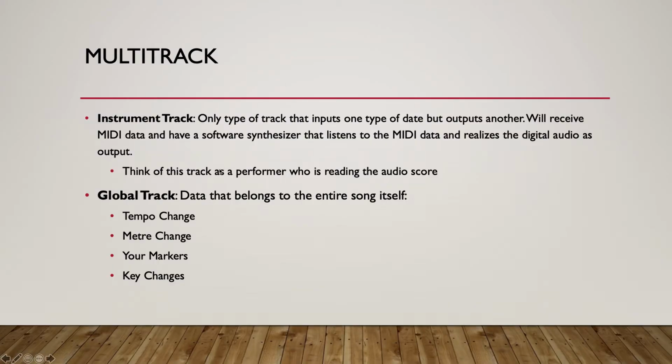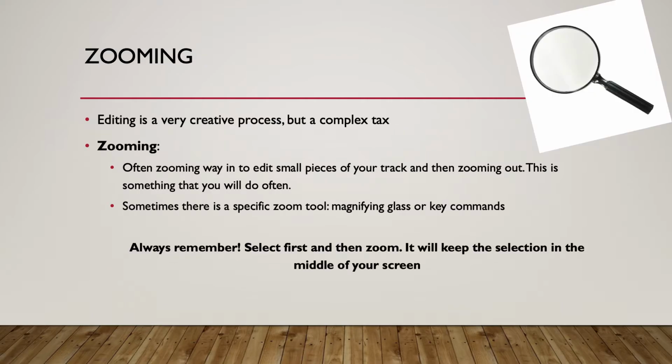So we have 2 different types of multi-tracks. We get the instrument track, which includes your audio tracks from microphone and instruments, and we also get a global track that gives you your tempo, meter, your markers if you create any, and your key changes. The first thing that I would like to show you is the ability to zoom in to your sound recording.